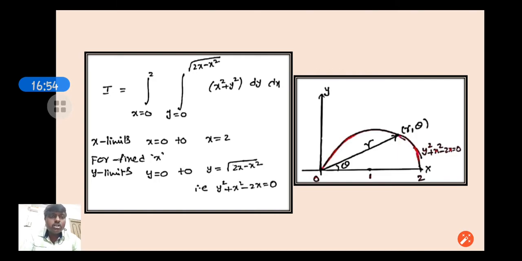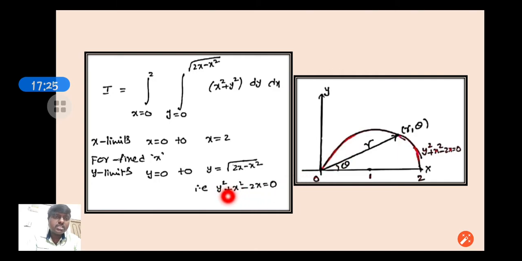First you identify the region here. Your x limits are x equal to 0 to x equal to 2. So x equal to 0 is the y axis, and x equal to 2 you plot as a point on the x axis. So x is varying from 0 to 2. For a fixed x, y is varying from 0, since on the x axis the y value is 0, up to the circle.